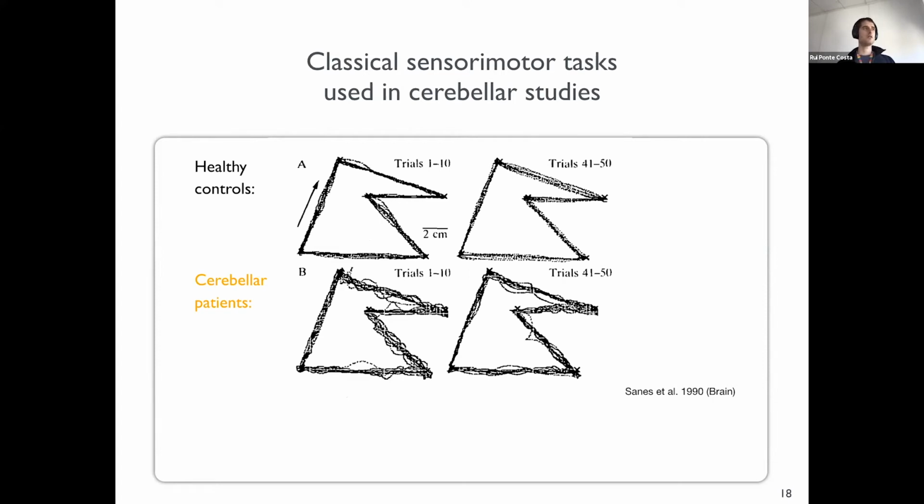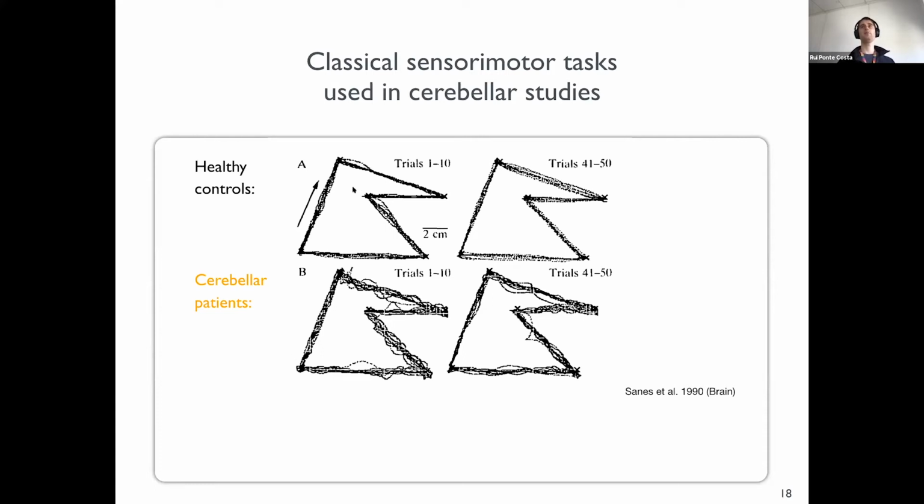When neuroscientists do experiments with cerebellar patients, they have observed for many decades now that cerebellar patients tend to first learn slower, and second, produce more variable outcomes.